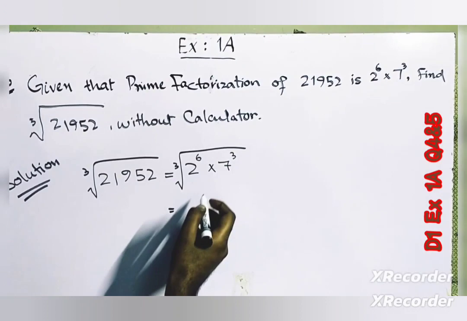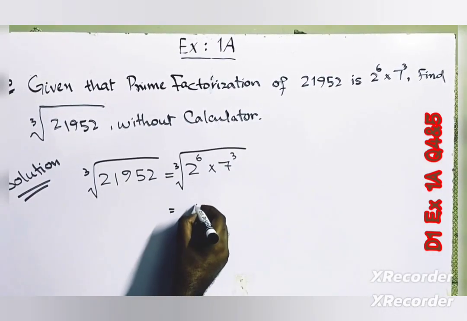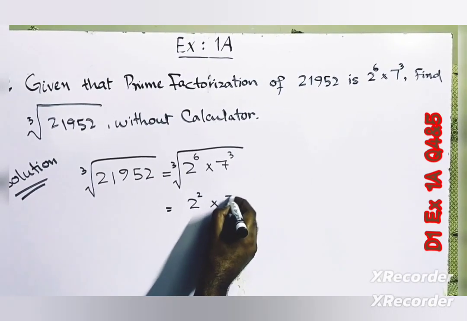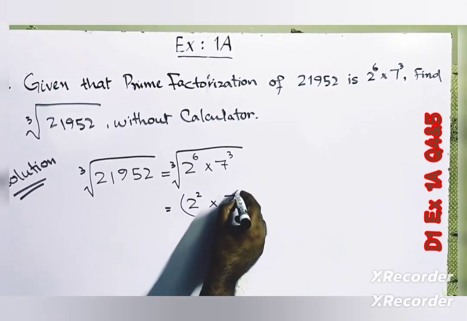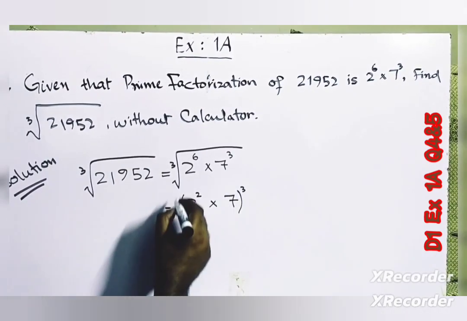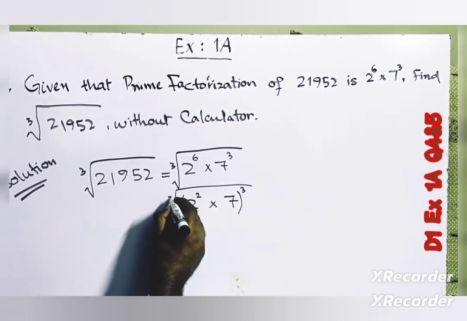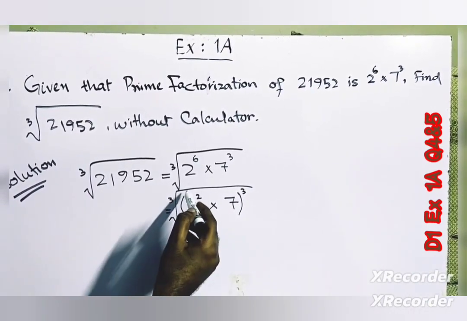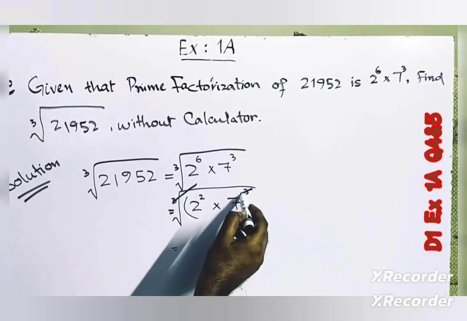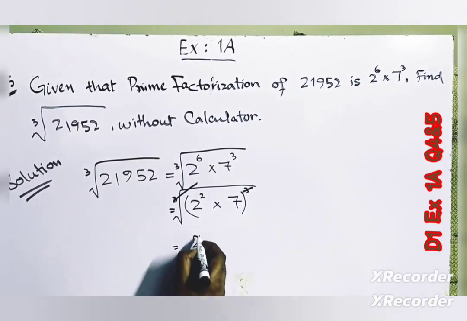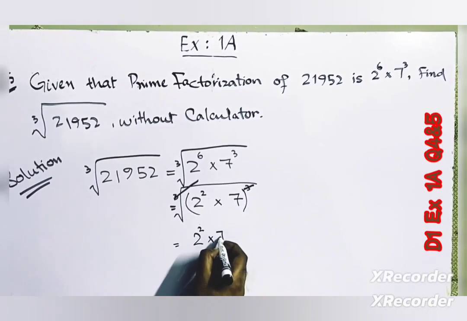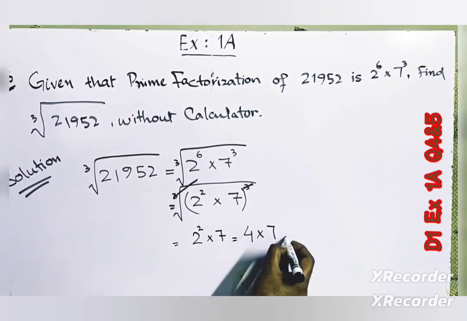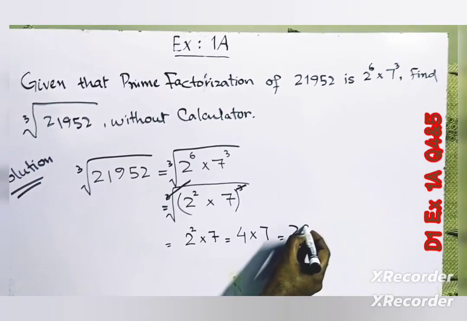So we write these indexes as cubes: 2 square multiplied by 7, whole index 3, and we put the cube root on it. Similarly, as we did in the last question, we can cut the cube root with this cube. So what we are left with is 2 square multiplied by 7. 2 square is 4 multiplied by 7, and when we solve it, 7 4s are 28. That's our answer.